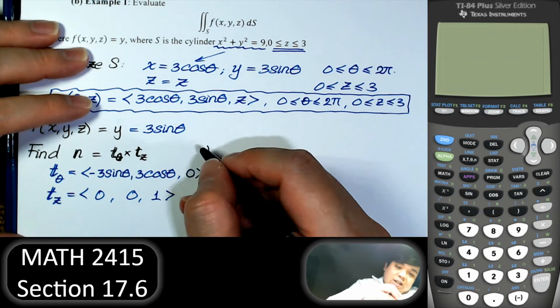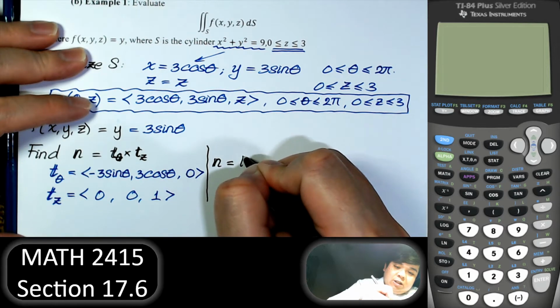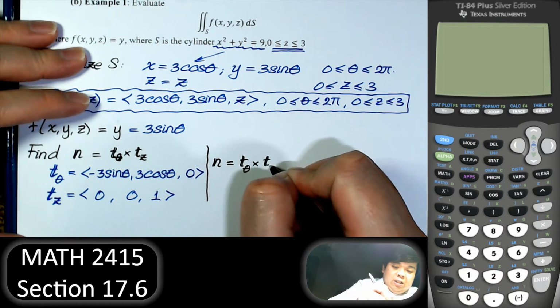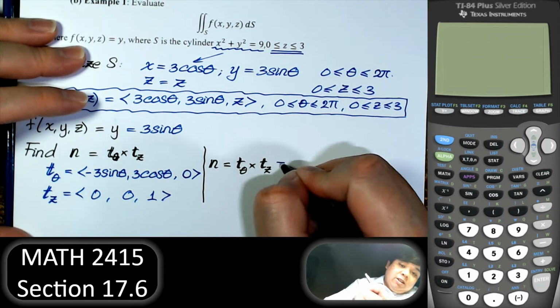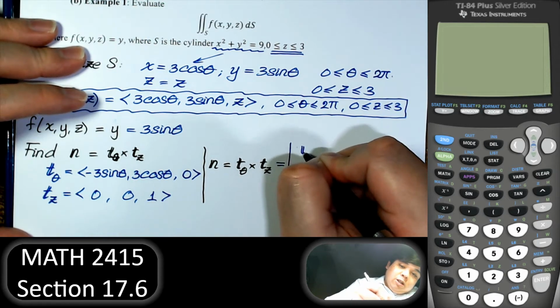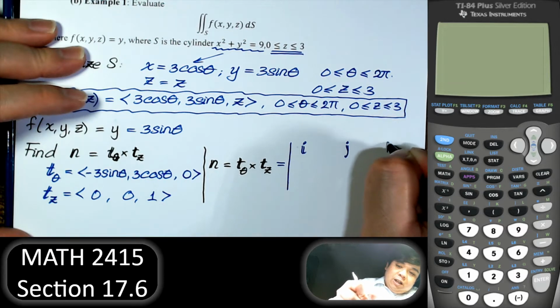Next, the normal vector is the cross product of t theta cross t z, the cross product of the tangent vectors. So cross product i, j, k.